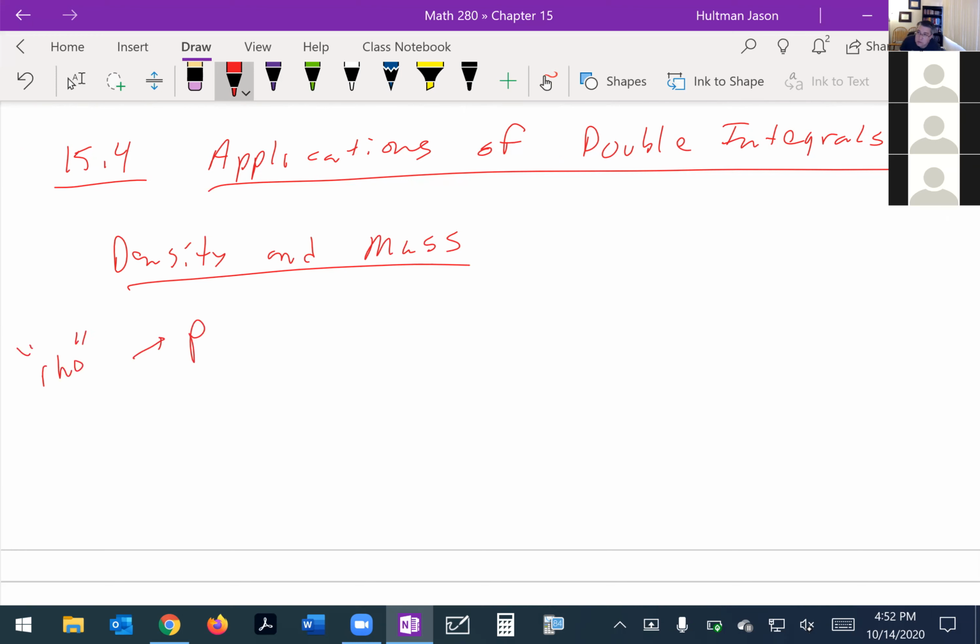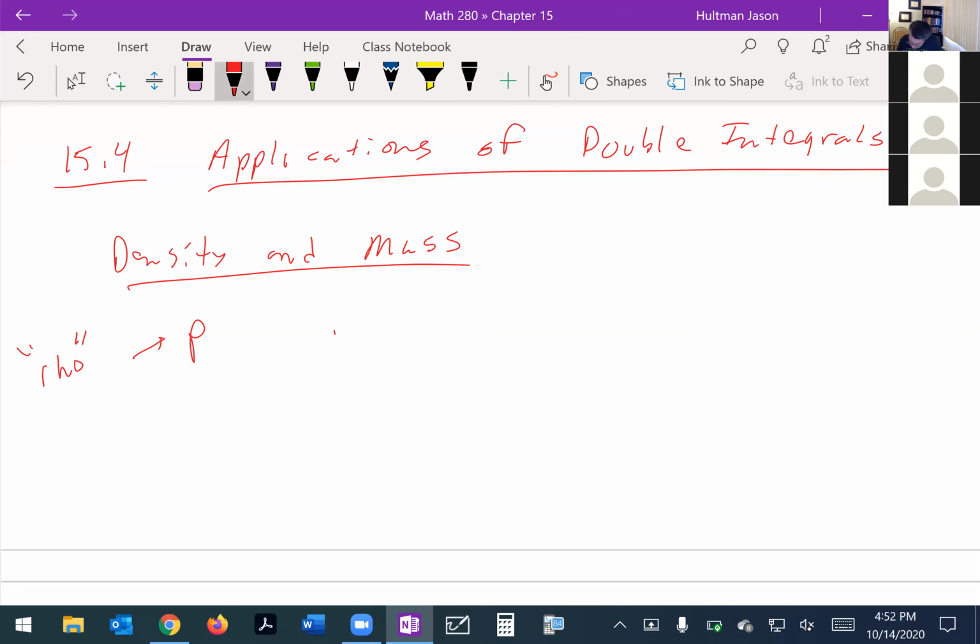It's just going to look like a P, because I don't want to spend the time trying to draw rho nicely. It looks like E, which is very confusing. So in this class, it's going to be P. So rho is P. Just deal with it.